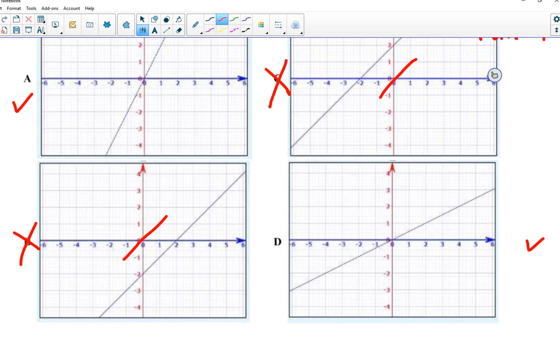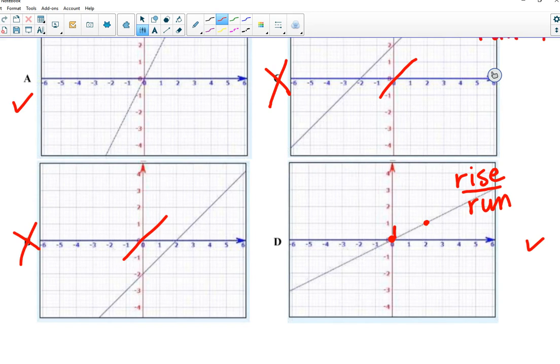Once we know that it's proportional, now we're going to check for the slope. Remember, you take 2 points. Go ahead and do that on your paper. Let's make 2 points on D, and then I'm going to calculate the slope. It's rise over run.